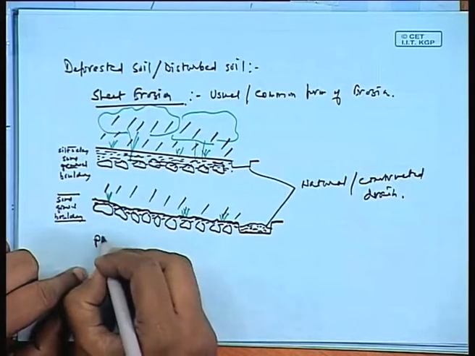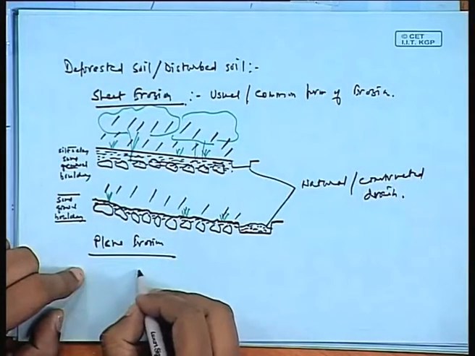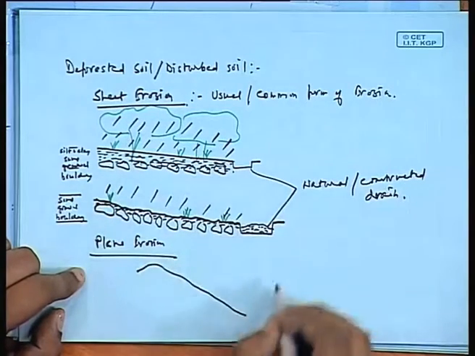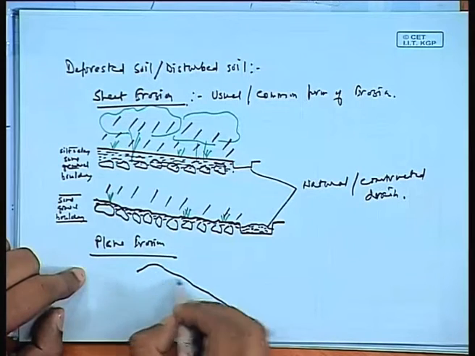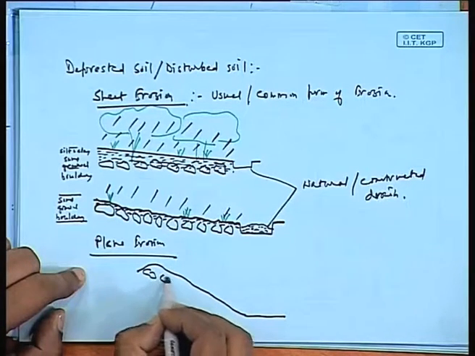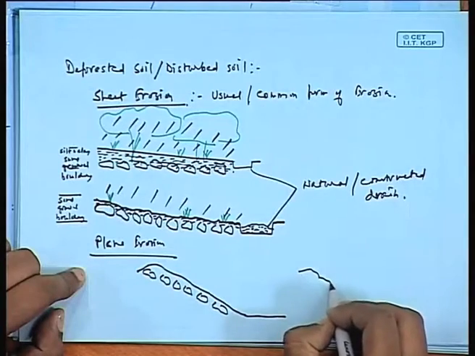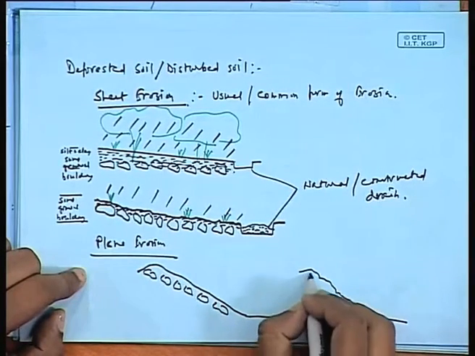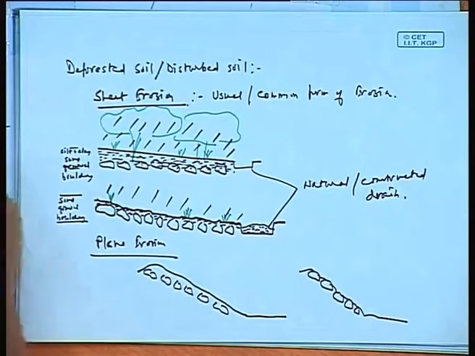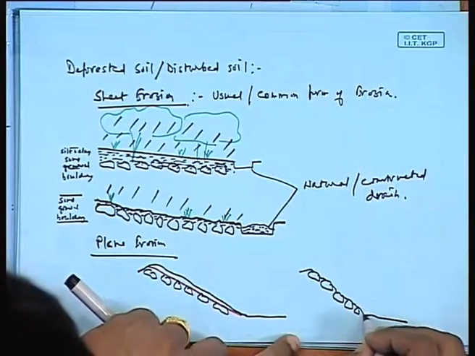In a plane erosion, generally at a higher steepness or higher gradient, if the same thing takes place, you would observe larger particles being moved like this, whereas the total surface has moved into this area.